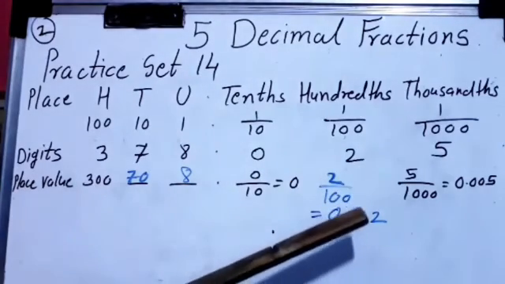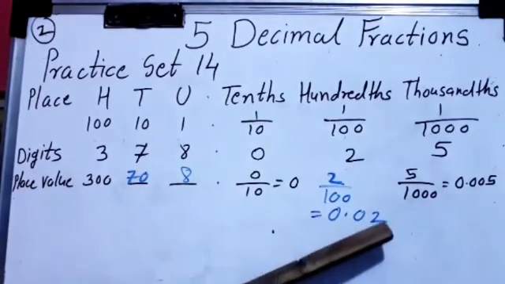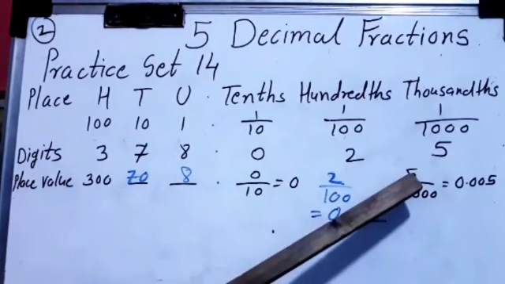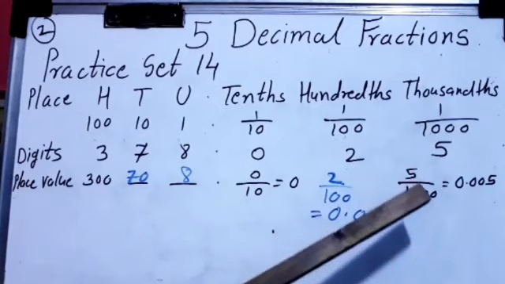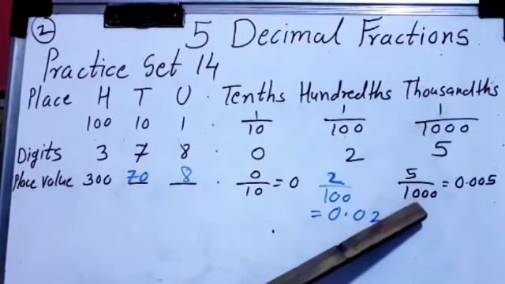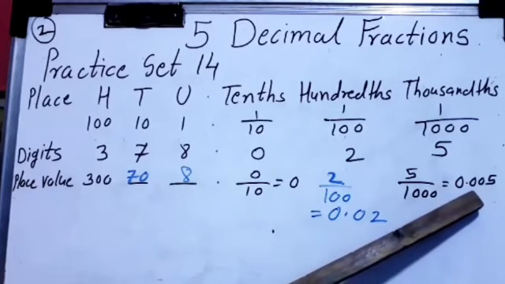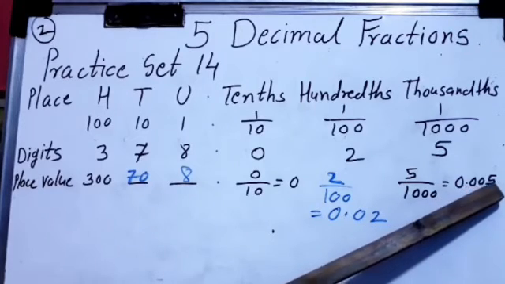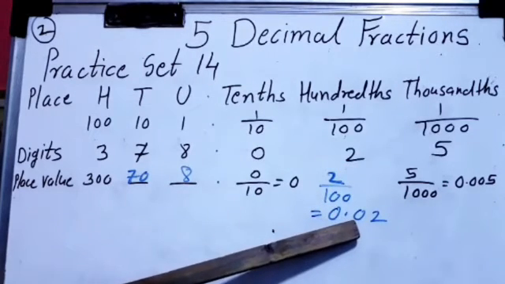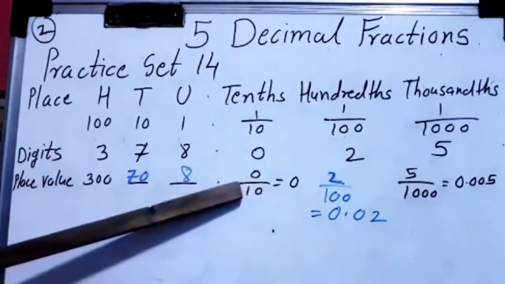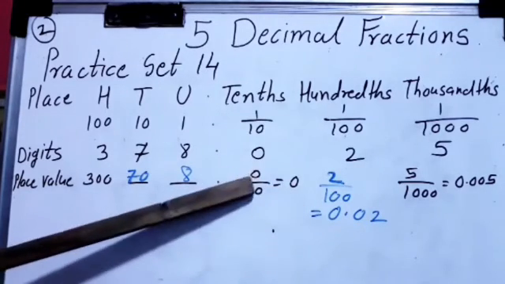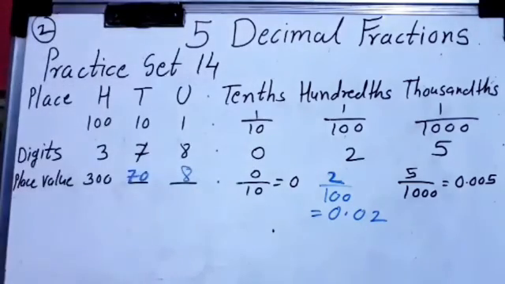Again I am reminding you, you cannot write 0.500. That will be wrong. You have to put the zeros before this 5, that means 0.00 and then 5. After the decimal point 3 digits must be there. Here on the 1 there are 2 zeros, so after the decimal point 2 digits must be there. Here for 1 zero, after the decimal point 1 digit, so you can write 0.0, or simply 0 here.